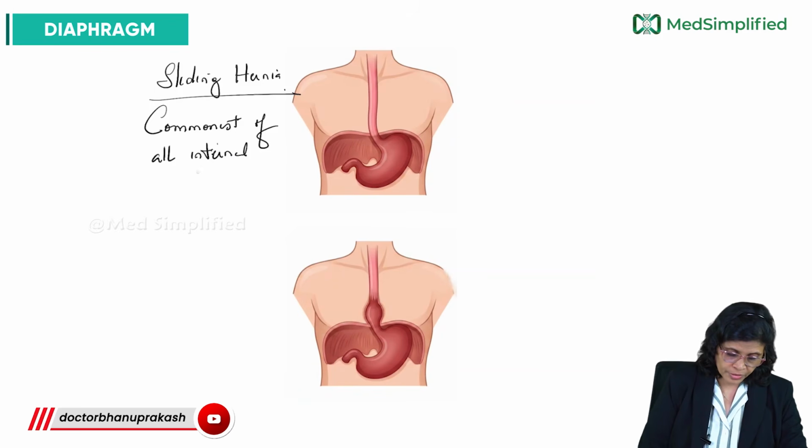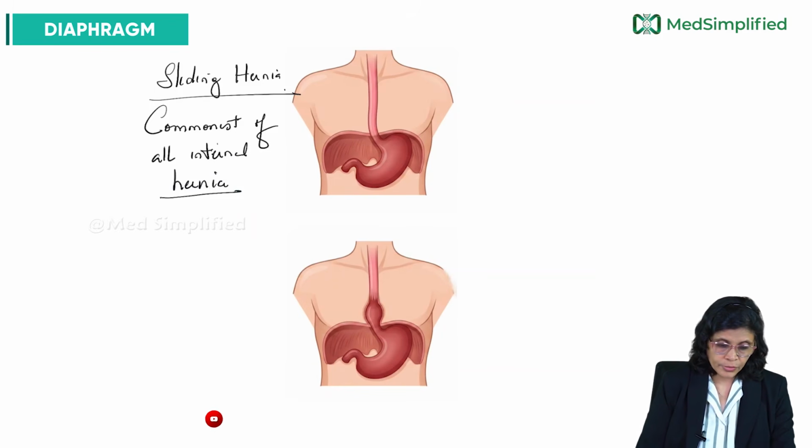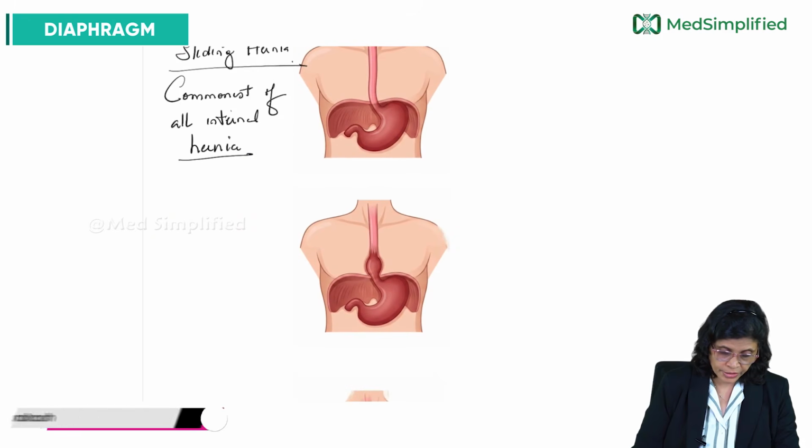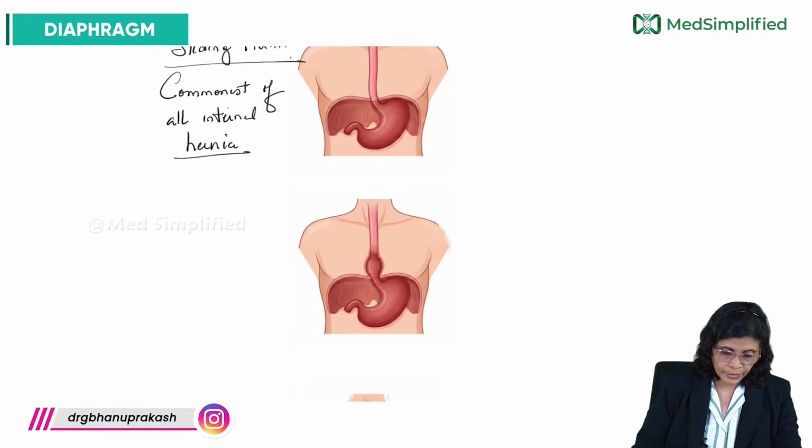In sliding hernia, the gastroesophageal junction and the cardiac end of the stomach slide into the thoracic cavity. Only that part will herniate there.